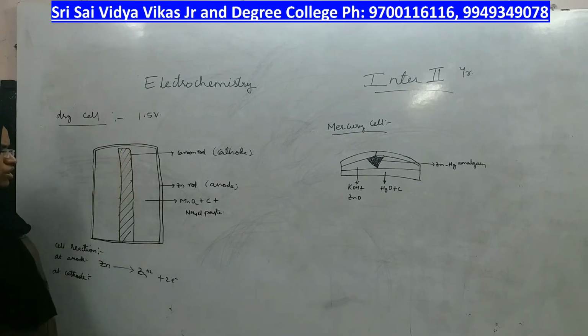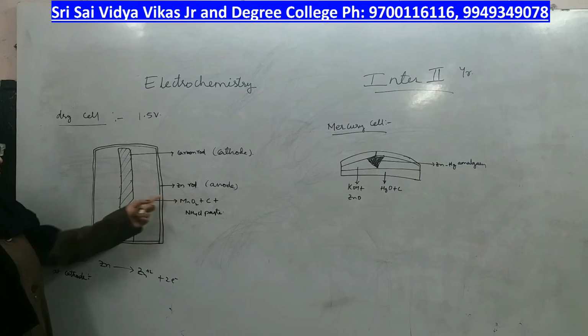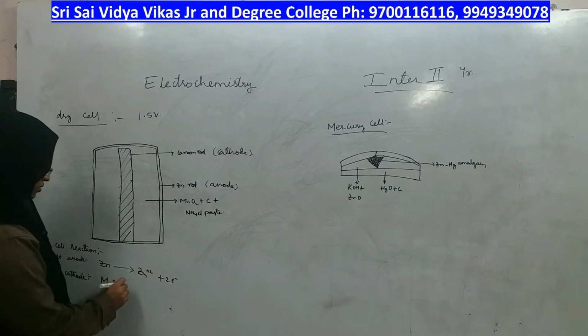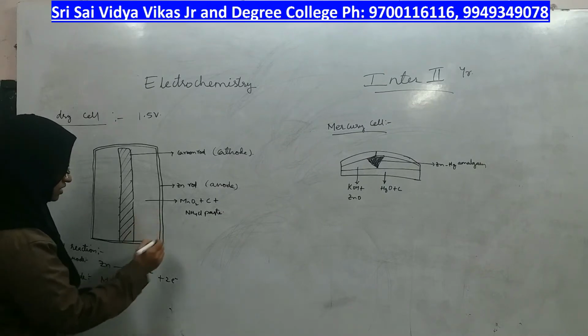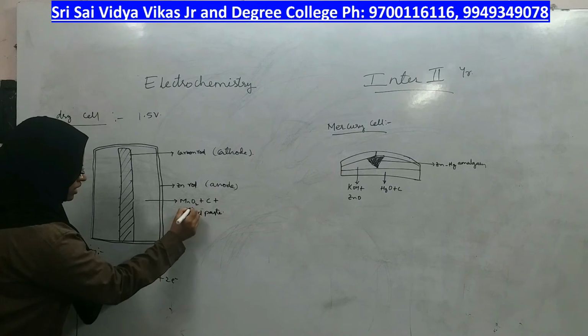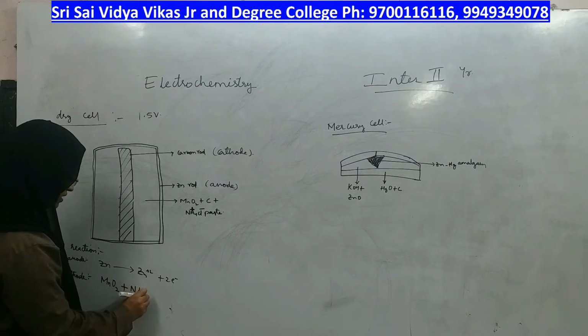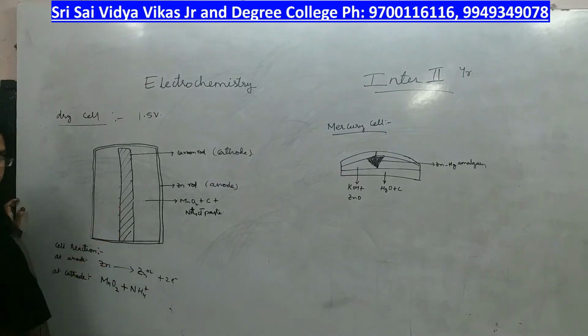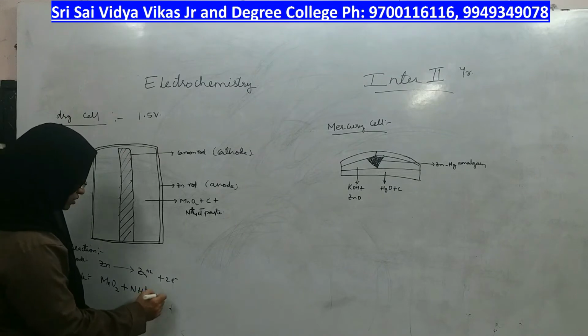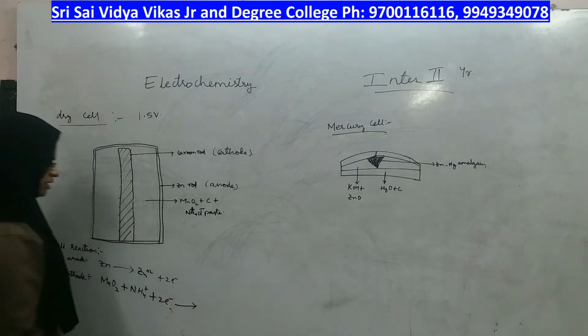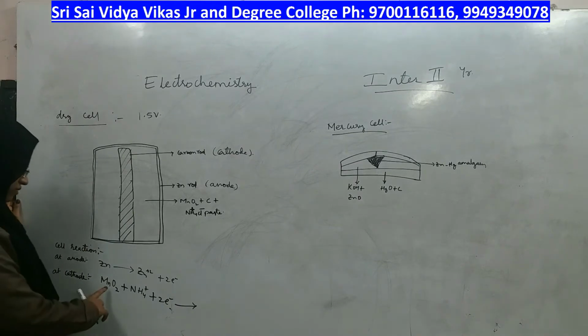At carbon rod. What happens is MnO2 present in the solution reacts with ammonium ion, NH4+ from NH4Cl. This NH4+ from ammonium chloride takes 2 electrons lost by anode and undergoes reduction.